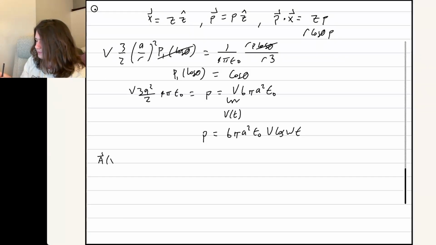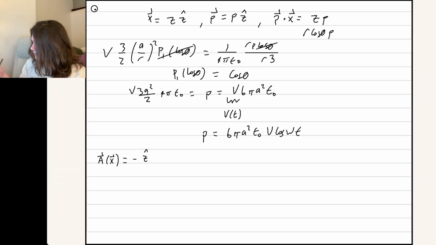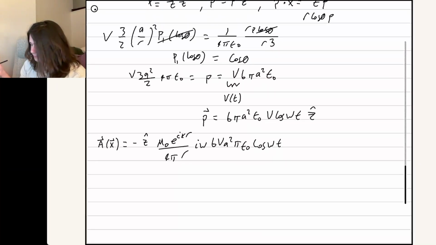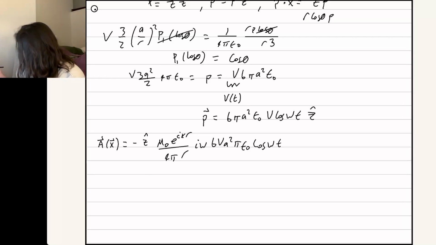So that's now going to look like we had a minus z hat on this guy. So if we turn this into a vector, it's going to be pointing in the z hat direction. We have mu naught e to the i k r, we have 4 pi r, and we have our new term 6 V a squared pi epsilon naught cosine omega t, which we can simplify some more. So the pi's are going to cancel out.